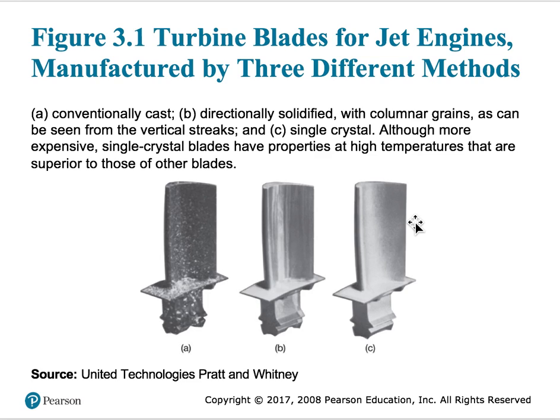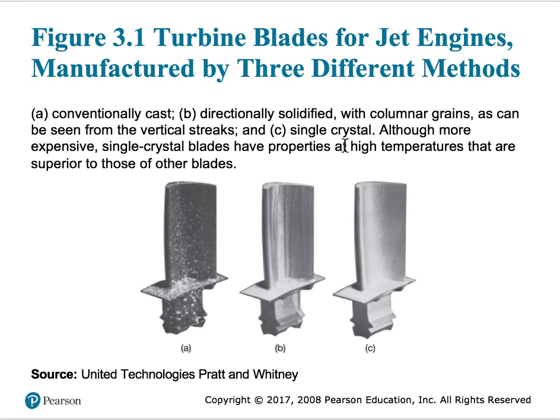So there are three different methods that they have chosen in the past. One is they do conventional casting. Then they do directional solidification. So they just cast it starting from the bottom and then they start casting to the top.